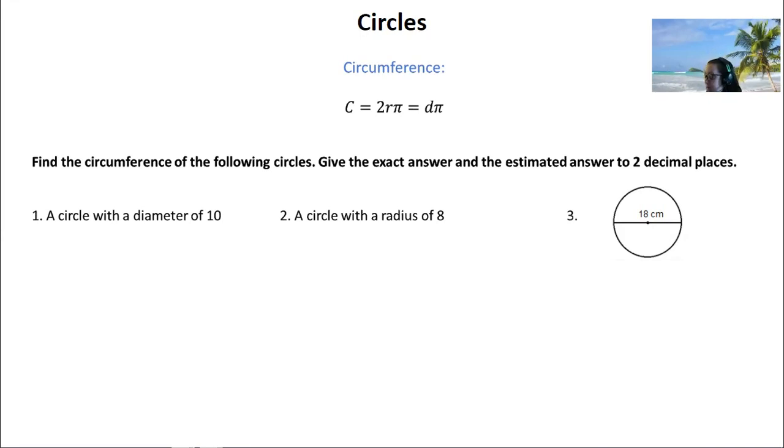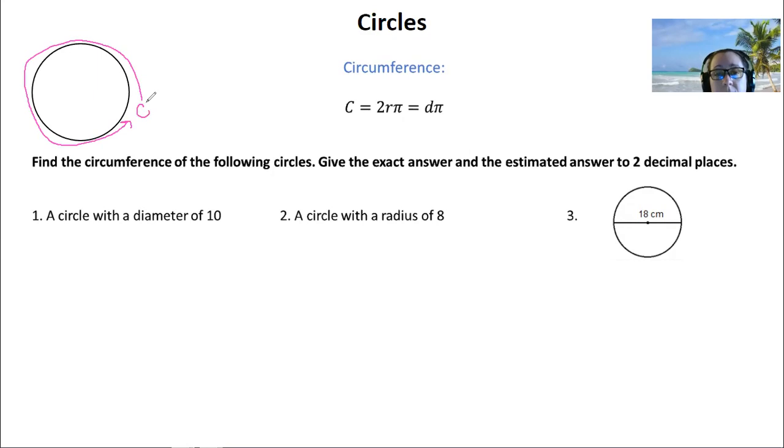So, circumference, distance around a circle. So here's my circle. And when we are referring to that circumference, that's the distance around the circle. What's a diameter?